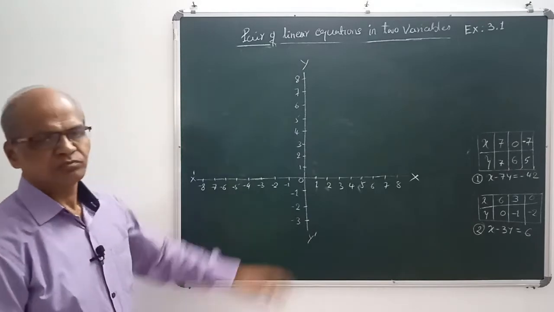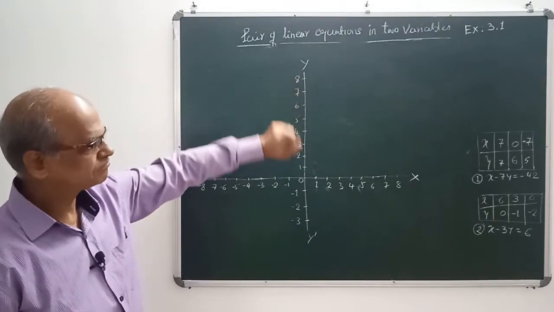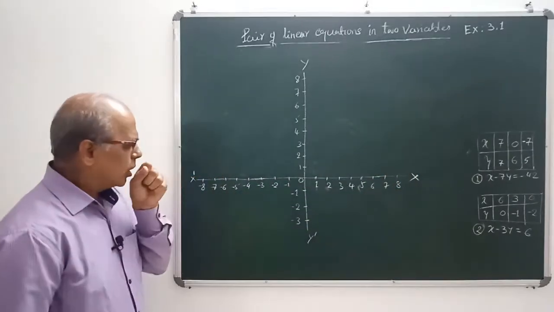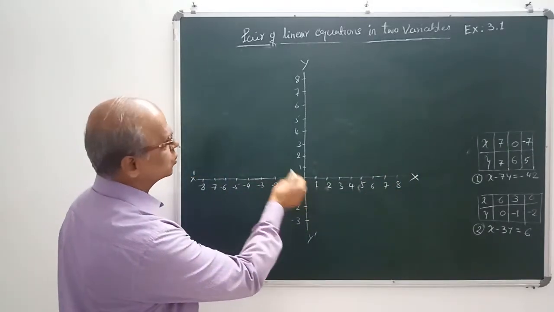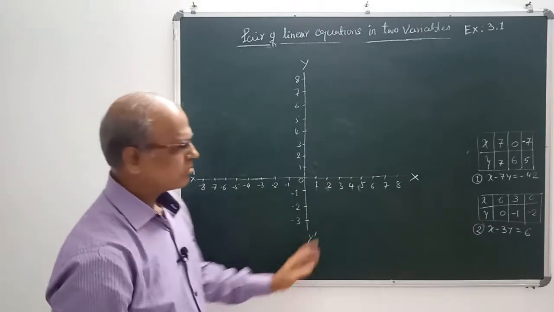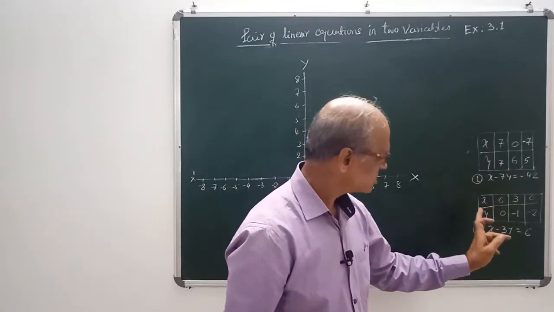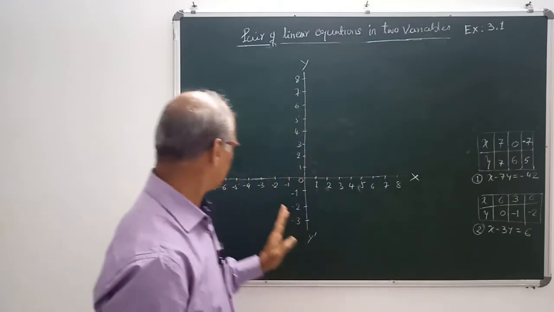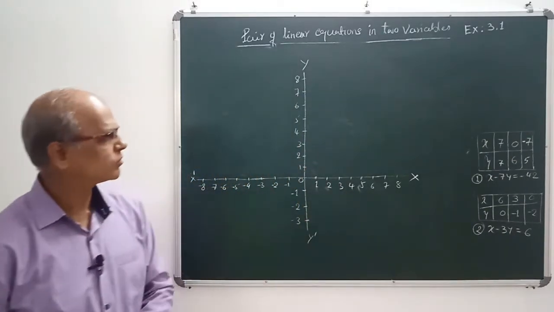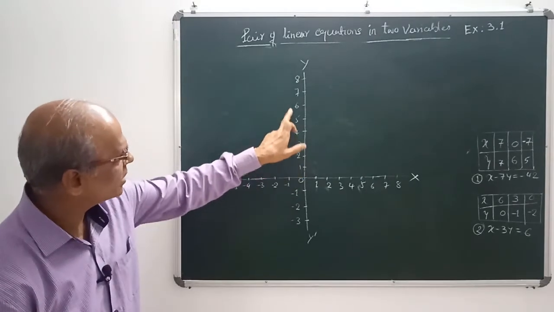How to plot? This is your y. You see here x, first table. This is your 0, y, y dash, x, x dash. Maximum here is 7 on the x side, minus 7. Both are correct. Now I have to go 1, 2, 3, 4, 5, 6, 7, 8.